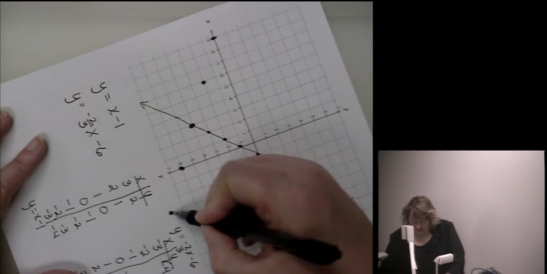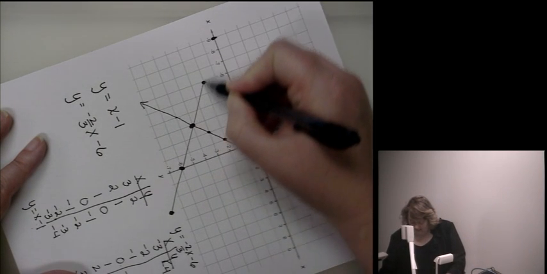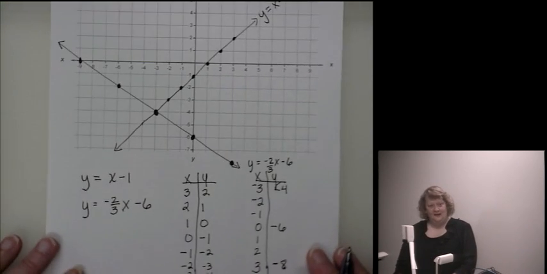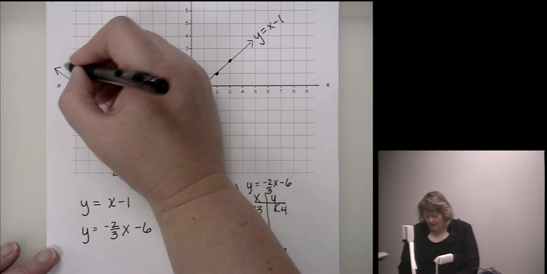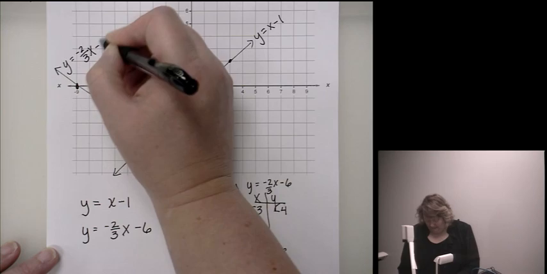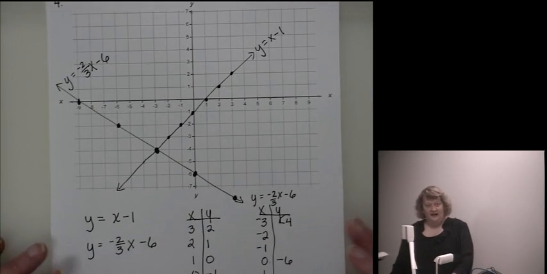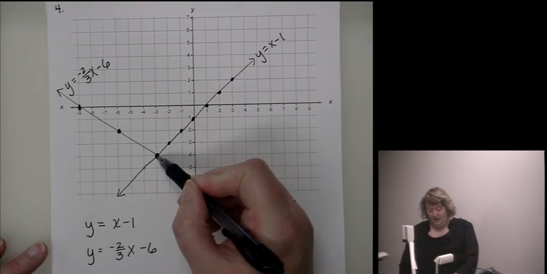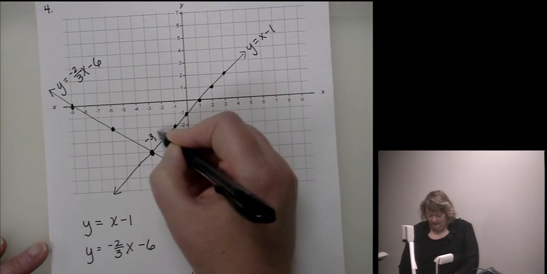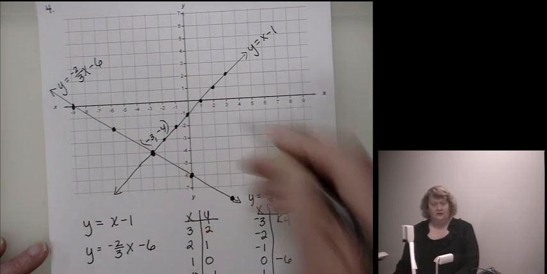And I'm going to turn my paper around, because I can draw my line better, left to right. And there we go. We have both of my lines on my graph. And in this case, I can even see that they cross here at -3, -4.